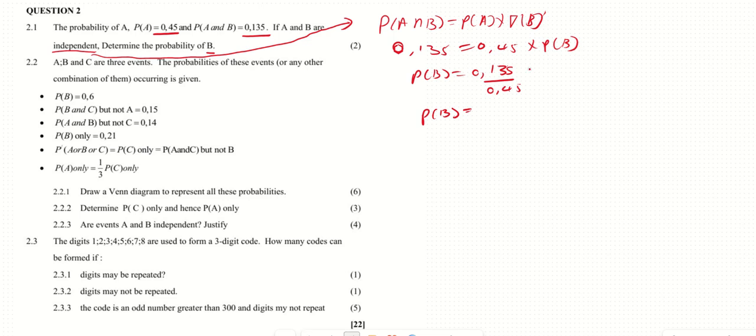That gives us 0.3. So probability of B is 0.3.